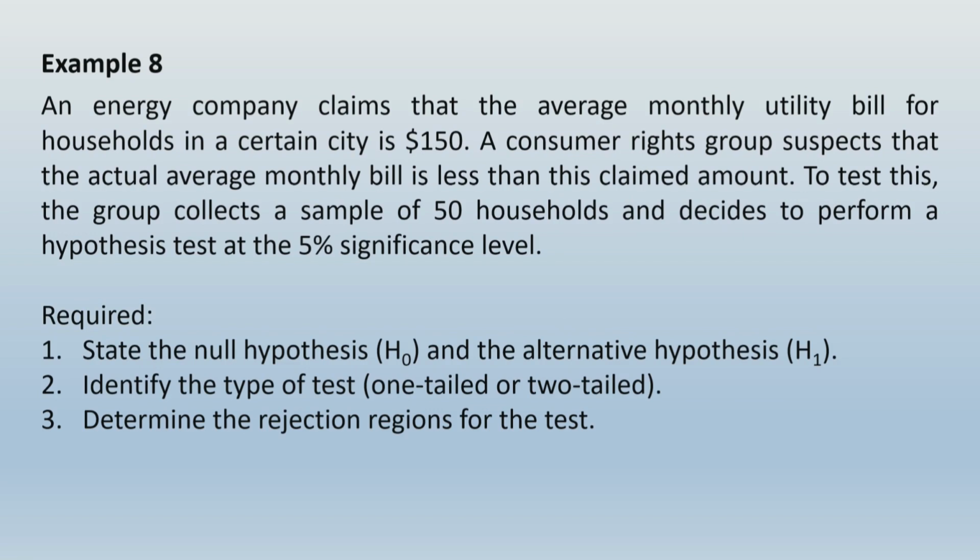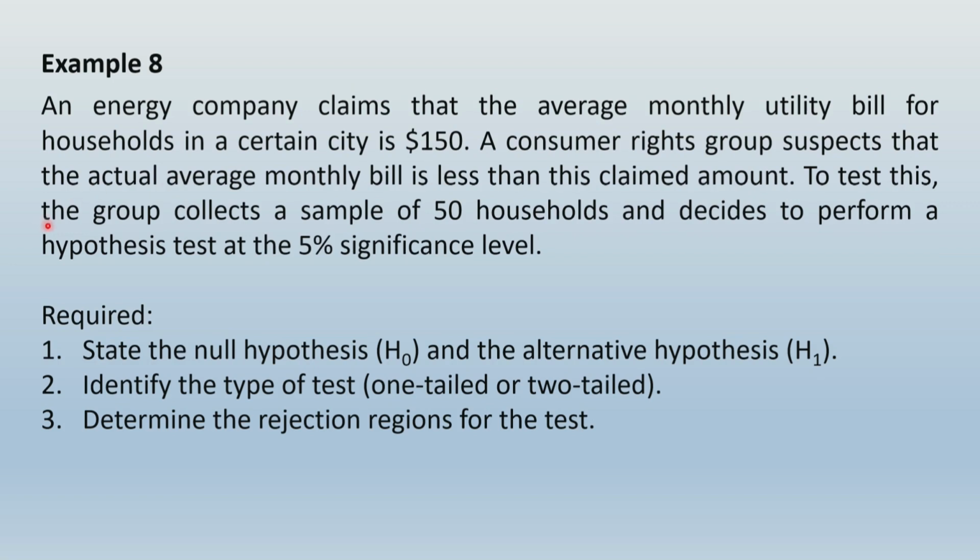Alright friends, I have given you 5 minutes time and your time is over. Let me now read out the same for you. An energy company claims that the average monthly utility bill for household in a certain city is $150. A consumer rights group suspects that the actual average monthly bill is less than the claim amount.